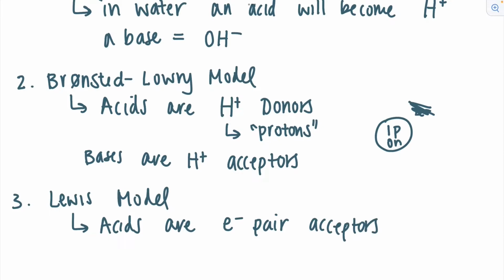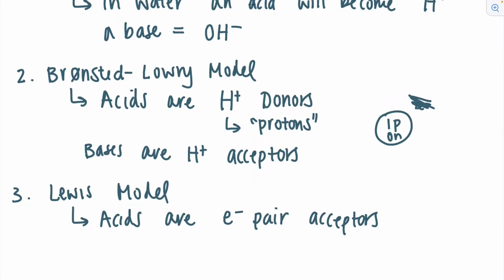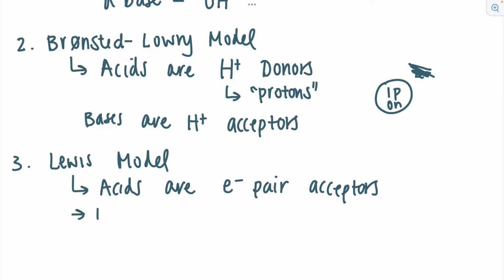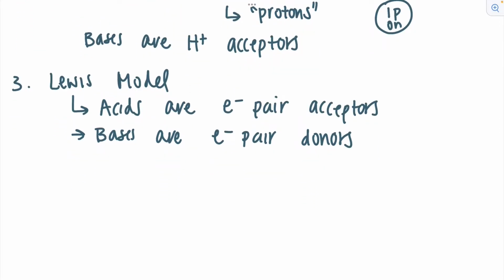That's different than an H+ acceptor. I'll show you on the example that we're going to do. And bases are electron pair donors. So again, we're not going to use the Lewis model in this class, but it is handy to know.